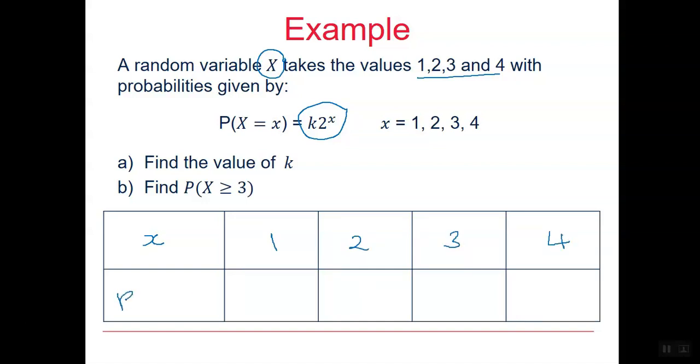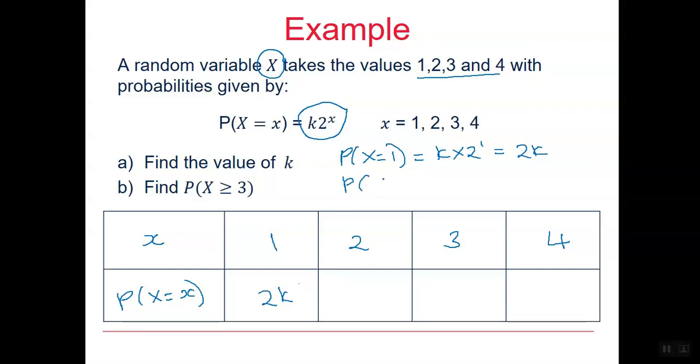The second row is where we put in our probabilities. In order to work out the probability of getting a 1, we substitute 1 into our probability. So the probability that x is equal to 1 would be k times 2 to the power of 1, which is equal to 2k, and this would go in here.